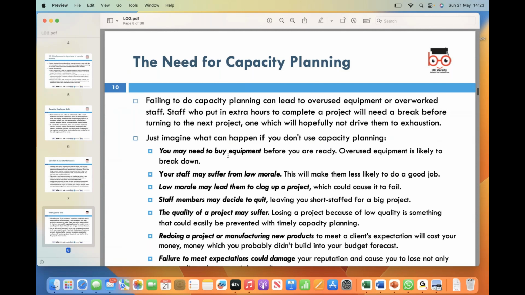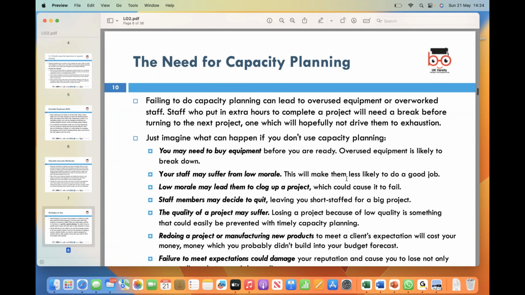Asking your staff to put in extra hours to complete a project without adequate rest can lead to decreased morale and a decline in job performance. Your staff may suffer from low morale. This will make them less likely to do a good job. So this is not only demotivating, but it can also have a negative impact on the overall quality of work.